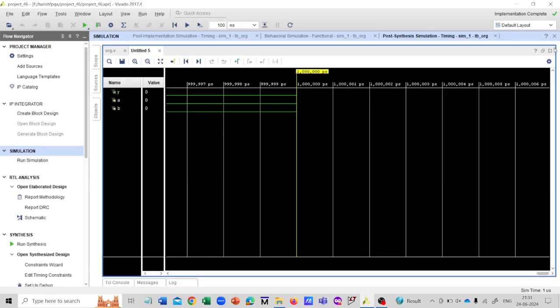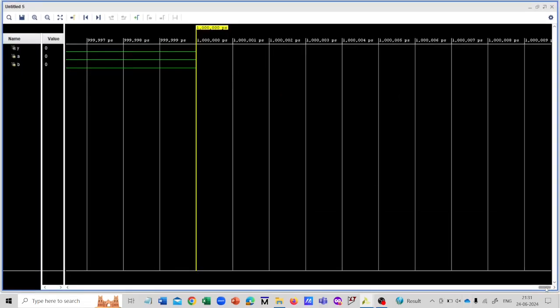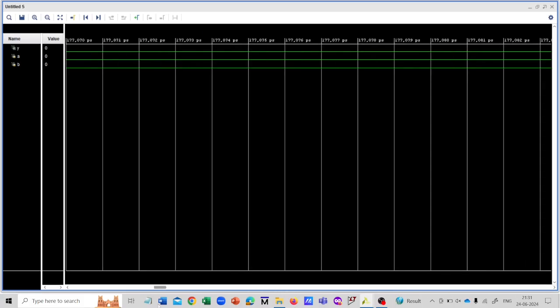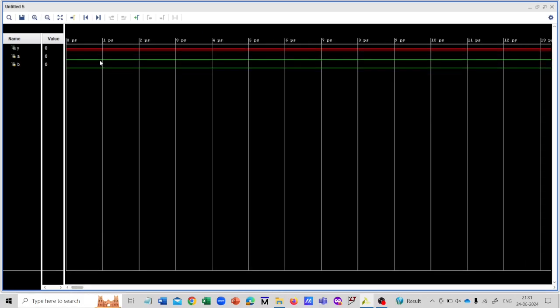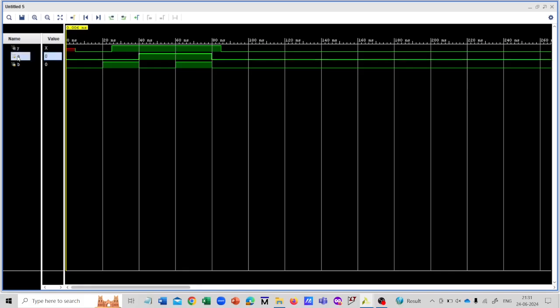Okay, so let us examine this. Please remember that the same test bench is used for performing the simulation. So let us pull A and B to the top so that the output appears at the bottom of the trace.